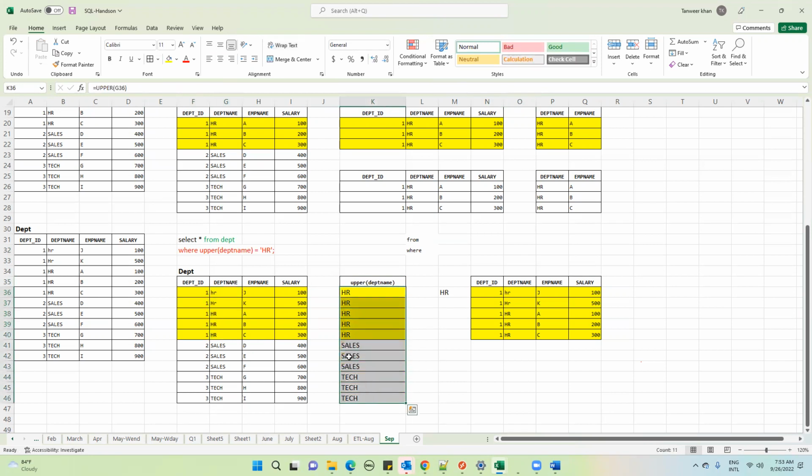That is fine. After that, it will compare this with HR. So all these are uppercase HR. Then why is it displaying in lowercase or mixed case here? You have converted to uppercase, so this should be in uppercase only. I think that's the question, Mohan, right?